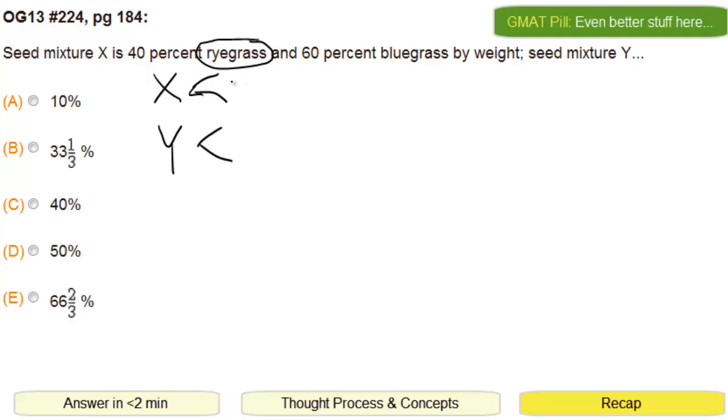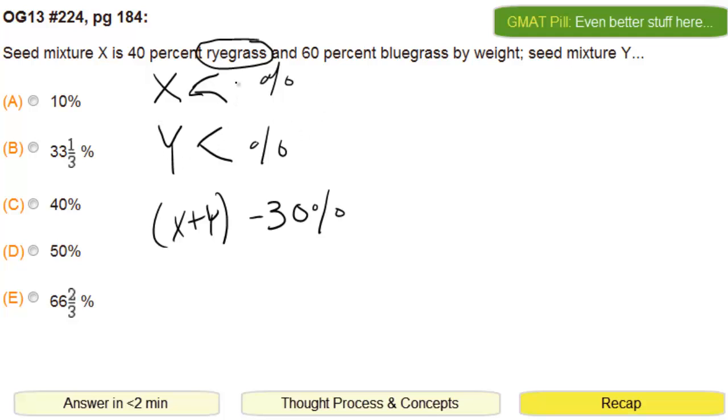There was a percentage for X and a percentage for Y. That gave us the mixture X plus Y, a 30% mix. So we had to mix X and Y such that the combination gave us 30% ryegrass by weight. And the question asks what percent of the total mixture comes from X.